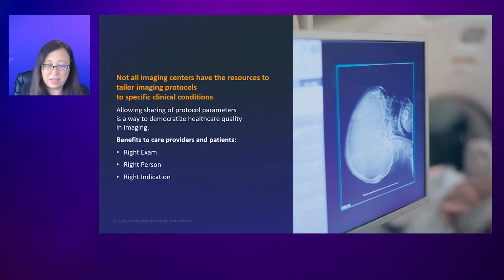At GE Healthcare, we chose AWS as the cloud provider for Imaging Protocol Manager due to multiple benefits. For example, AWS provides an easy-to-use platform. It allows us to quickly and securely host our SaaS application to meet global market needs. With AWS, we took advantage of the scalable and secure computing infrastructure.